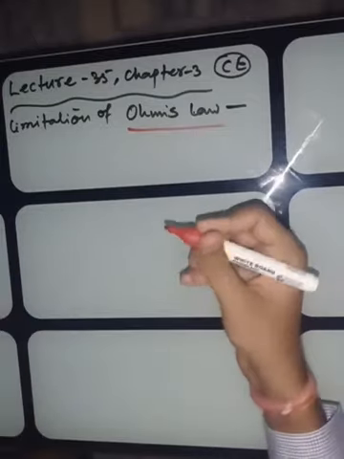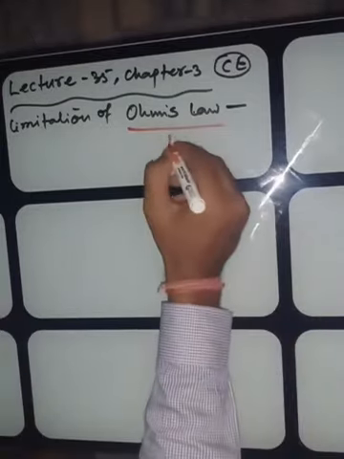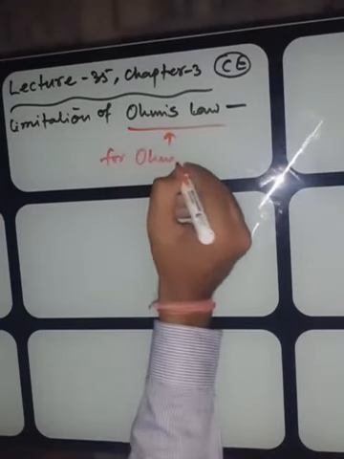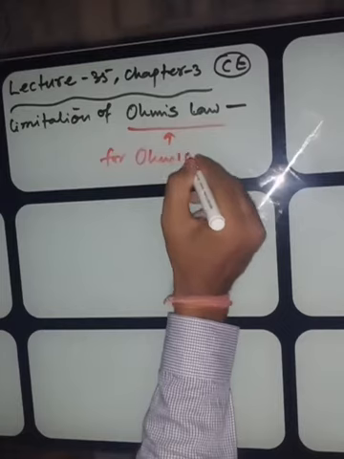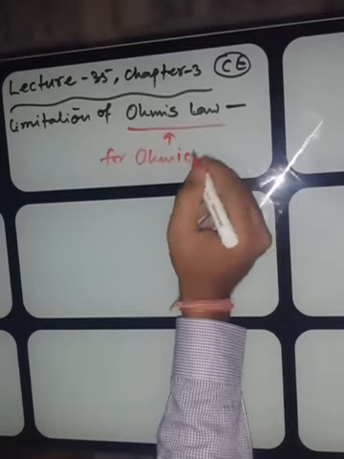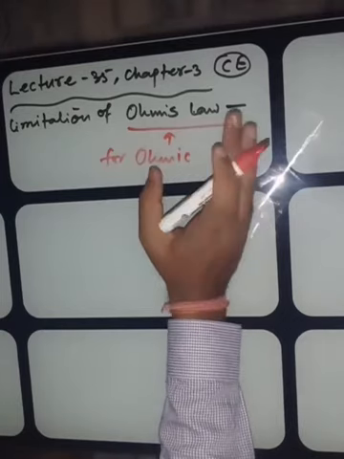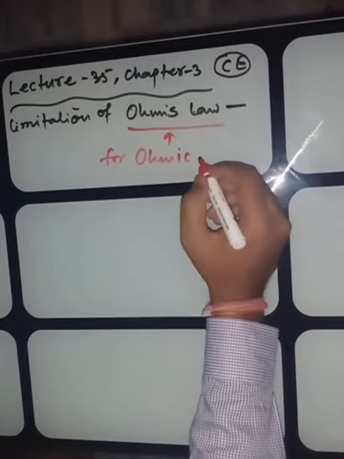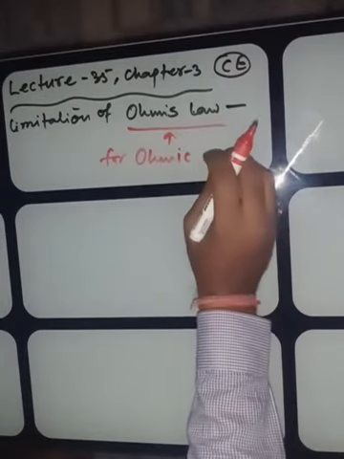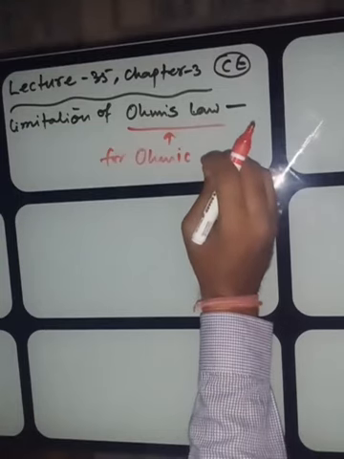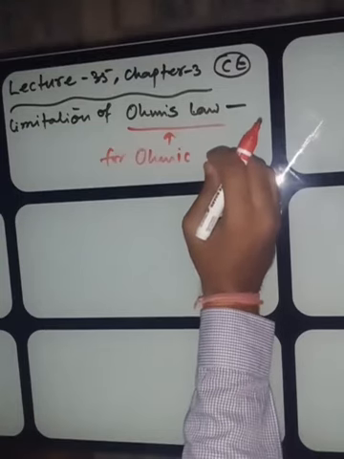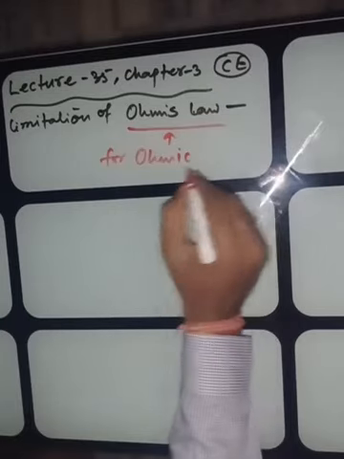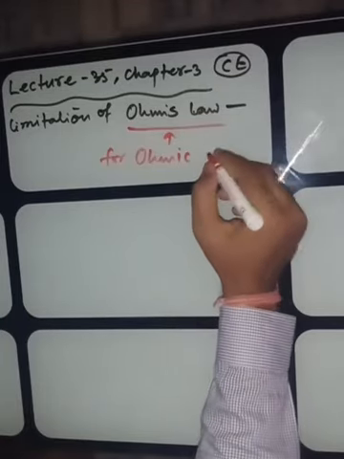Remember, this is applicable for the ohmic conductor. You will ask, what is an ohmic conductor, sir? All the conductors, the metals that obey Ohm's law, are considered ohmic conductors, and their VI characteristics give a straight line.